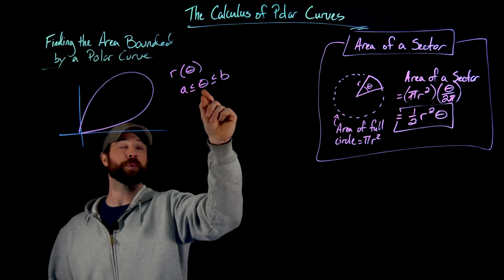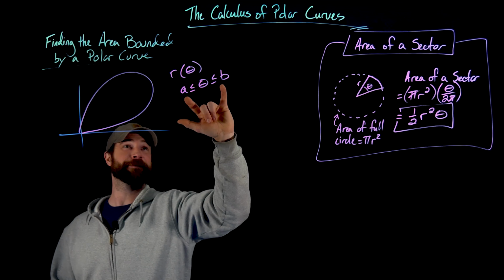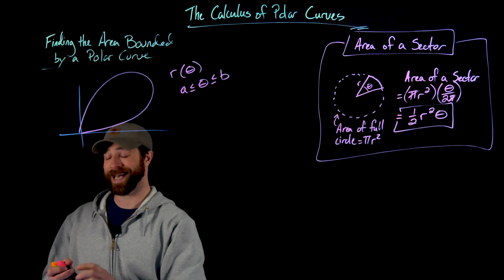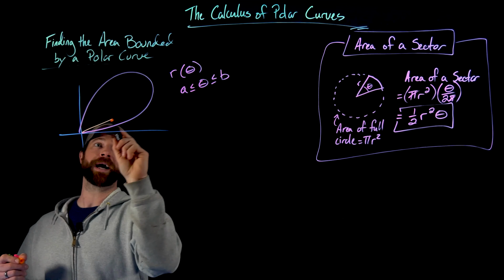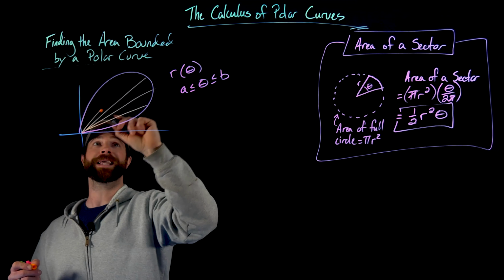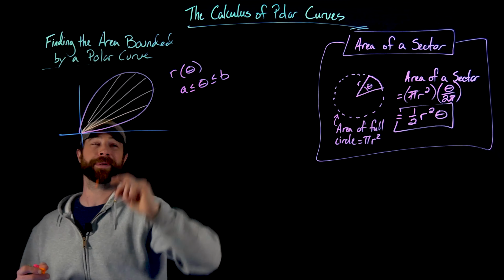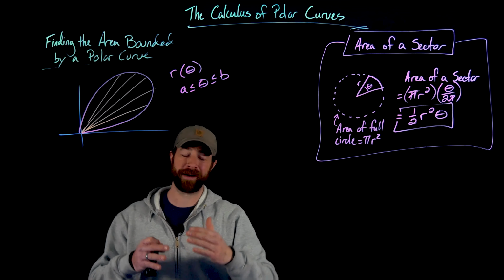When we do subintervals of this theta from A to B, what we'll get are these intervals that look like this. Coming from here, we have these angles that are cutting these little intervals. These are the n intervals that we're describing. The really important difference is that we don't have these rectangles.